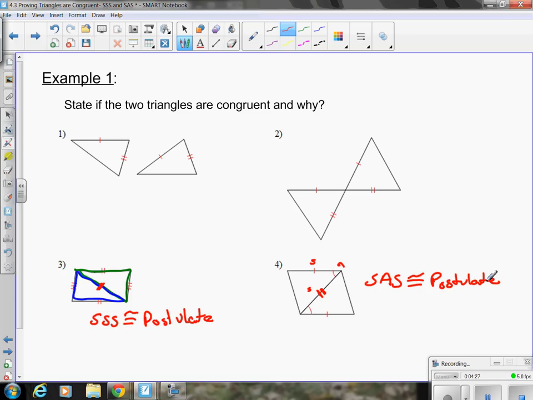Okay, and if we come back up here, I'm not sharing any sides, so I'm thinking, okay, I don't know anything about this side here. I don't know that length. But do I know anything about the angles? Don't know anything about these angles, but can I figure something out about these 2 angles? They are congruent by the vertical angles theorem. Okay, so I'm going to write this stuff in here.